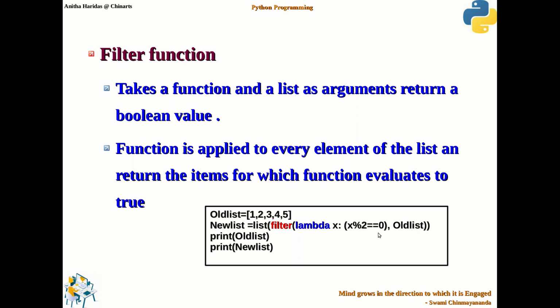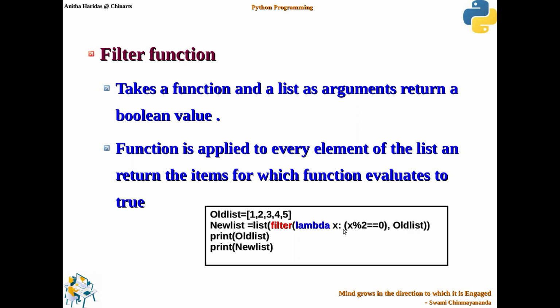So this function will be applied and it will return the elements where the function evaluates to true. I repeat, the filter function is applied to every element of the list and it will return the items for which the function evaluates to true.